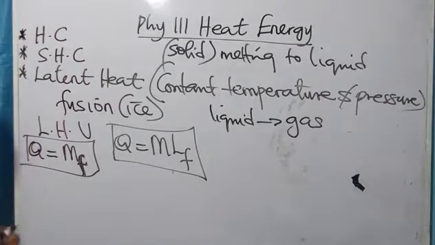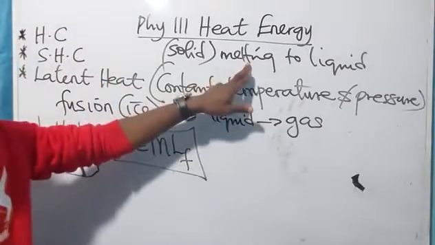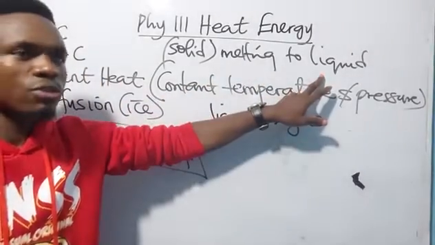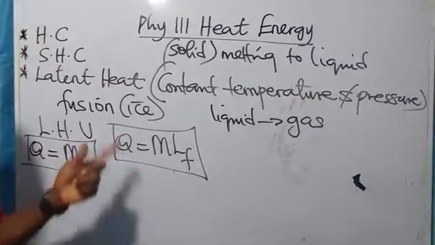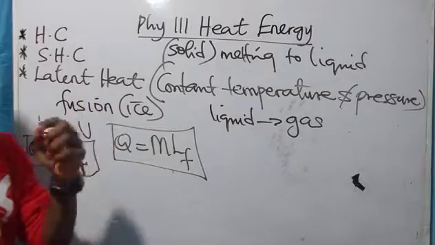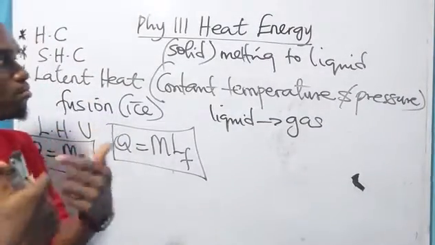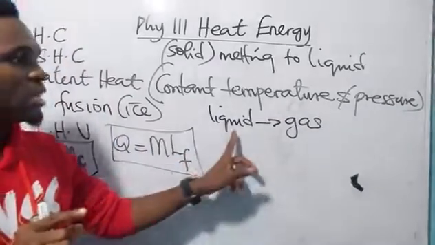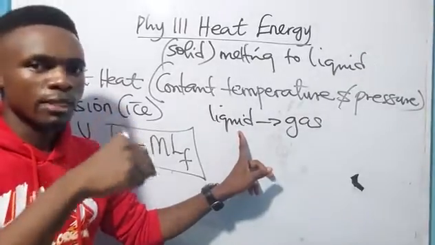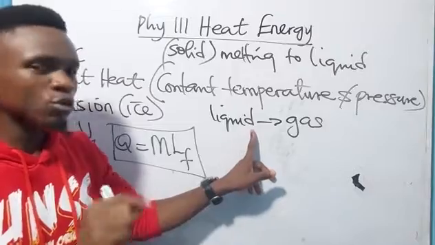The quantity of heat required to change the unit mass of a solid at its melting point to liquid at constant temperature and pressure is called specific latent heat of fusion. Then the quantity of heat required or supplied to change the unit mass of a liquid at its boiling point to become gas is called specific latent heat of what?